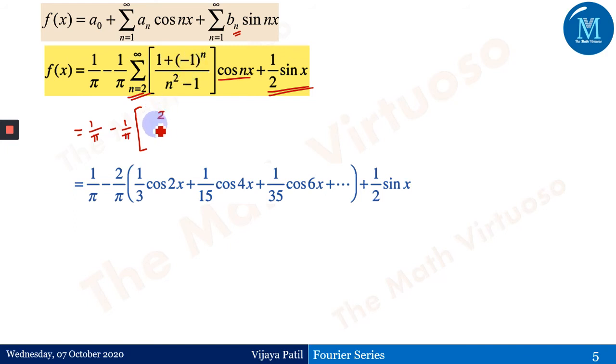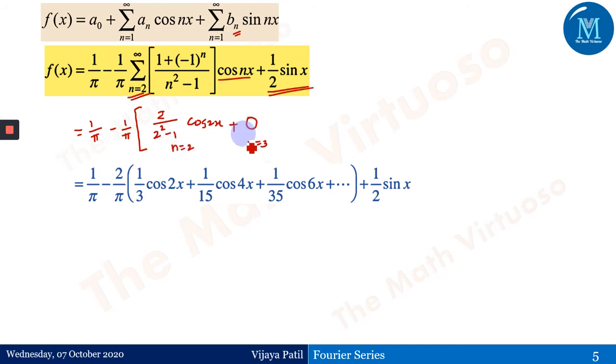So it's 2 upon 2 square minus 1 cos of 2x, right? Plus, if I put n equals 3, what will happen? This minus 1 to the power 3 will give me minus, and 1 minus 1 will give me 0. So this is the value for n equals 2, and this is the value for n equals 3.